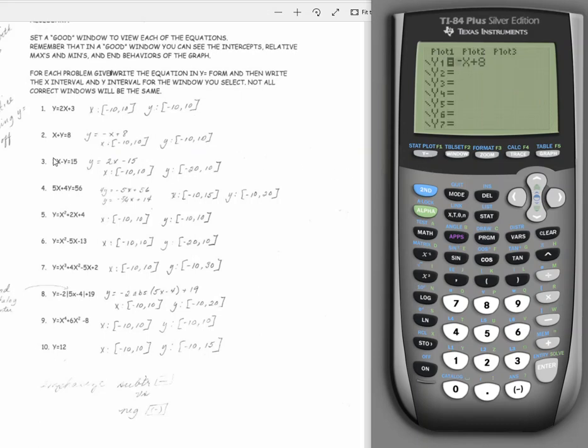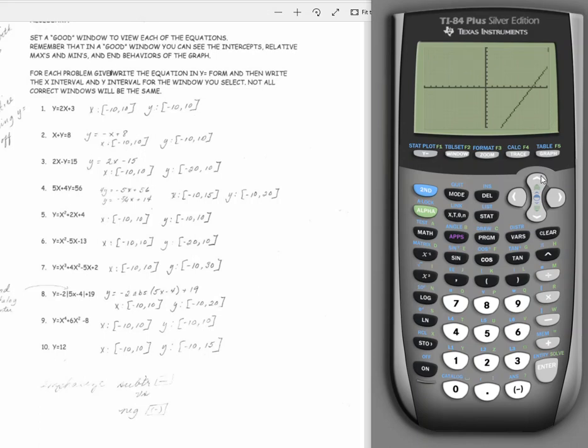For the next one, we've got to subtract the 2x to the other side and then divide by the negative on the y so that both change signs. So we've got 2x minus 15 over here. So let's clear this and put 2x minus 15. Hit graph.